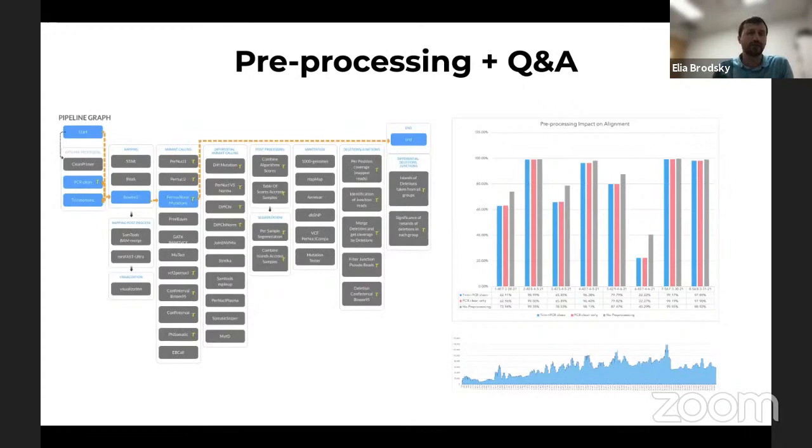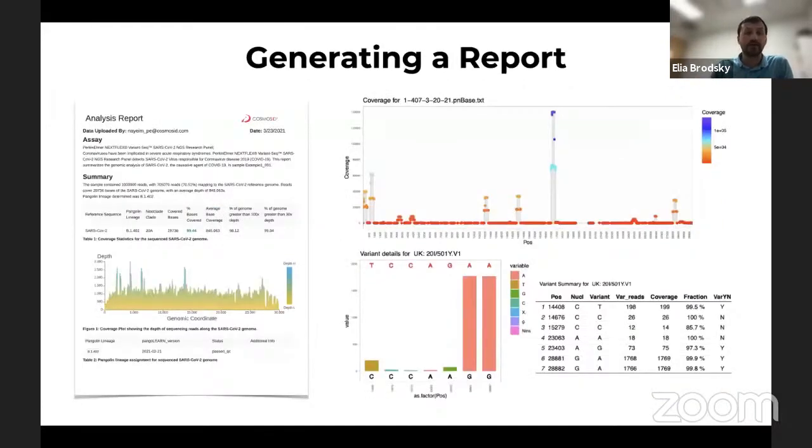So we'll take some time to study pre-processing and quality assurance aspects of sequencing data, and then we will turn to generating a meaningful report based on what is standard, something that people use in industry and in research in general. This is an example of a report from CosmosID, a commercial report that one might get from sending your data to a sequencing lab.